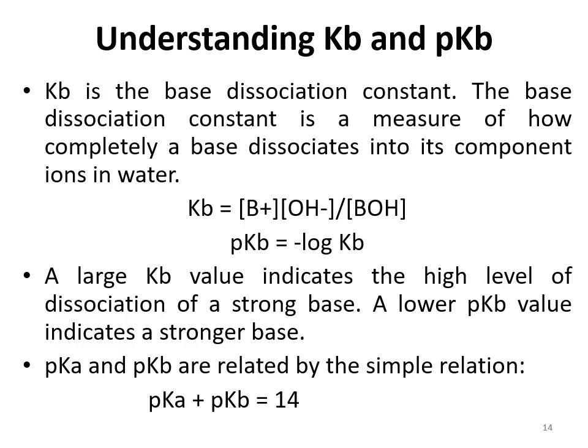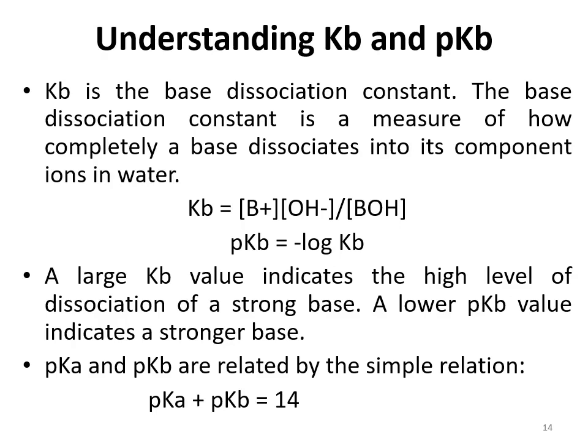A large Kb value indicates the high level of dissociation of a strong base. A lower pKb value indicates a stronger base. So this is also opposite: if we have a strong base, then we will have a large Kb value but a smaller pKb value.